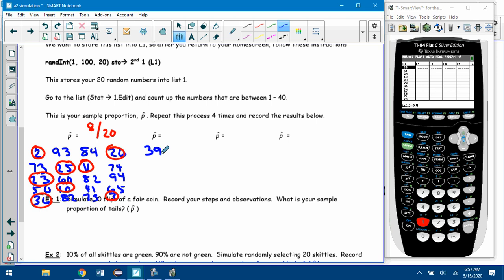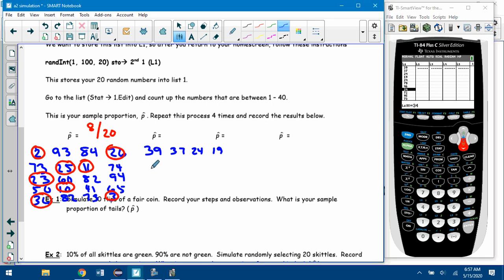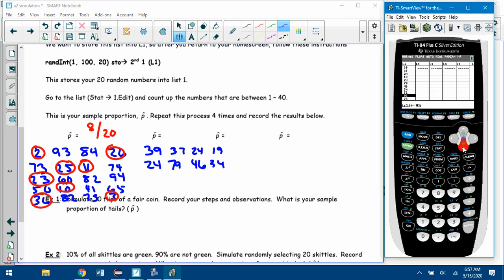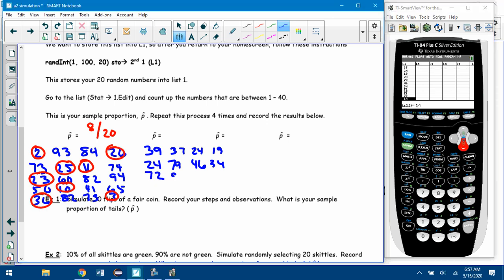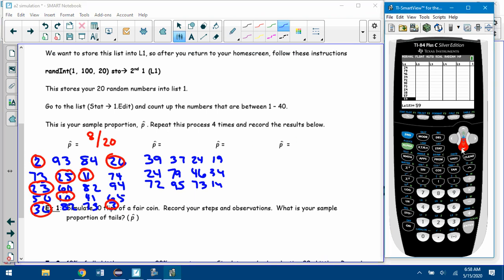We've got 39, 37, 24, 19, 24, 79, 46, 34. 72, 95, 73, 14. 38, 57, 59, 34.